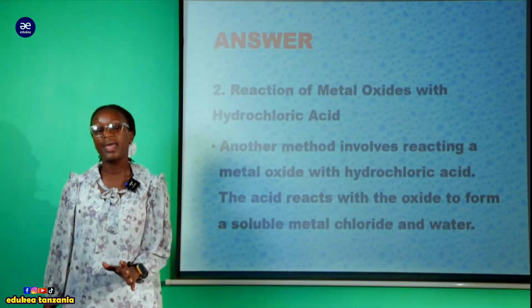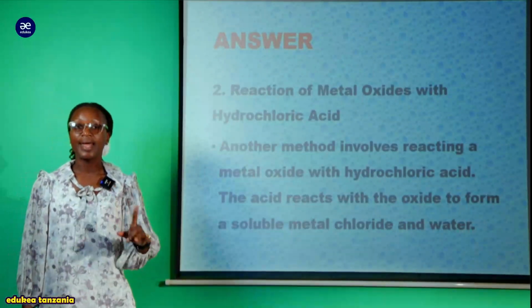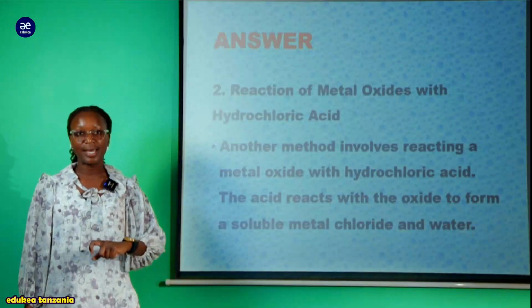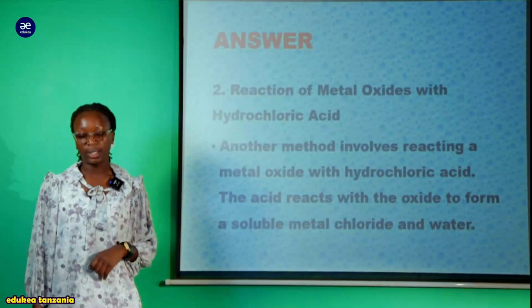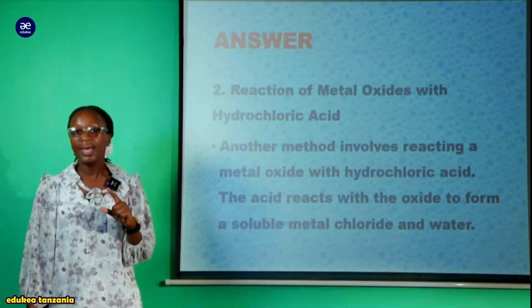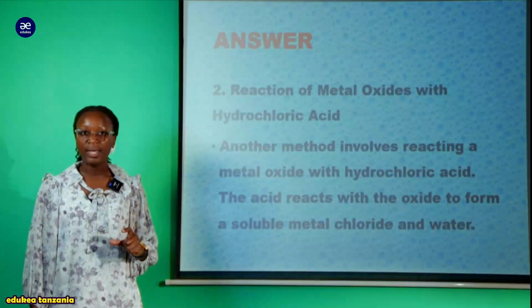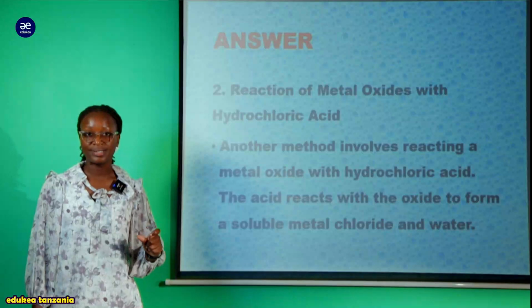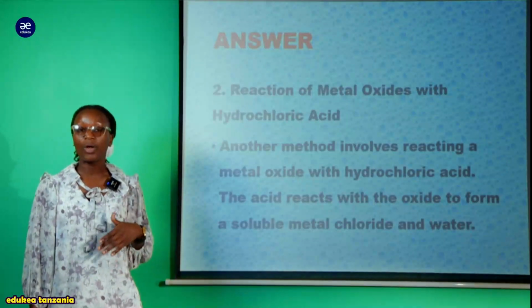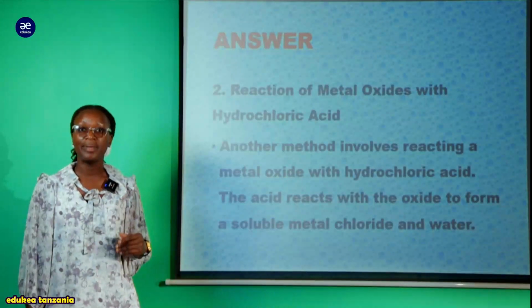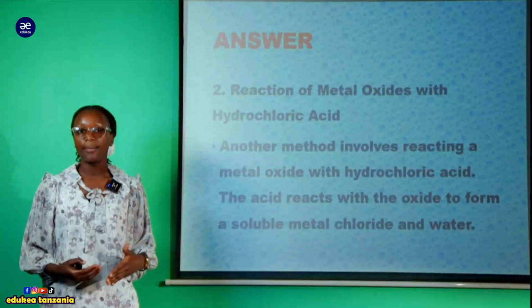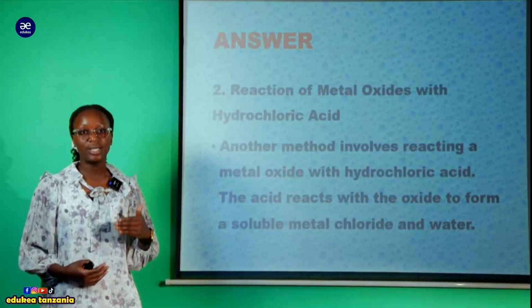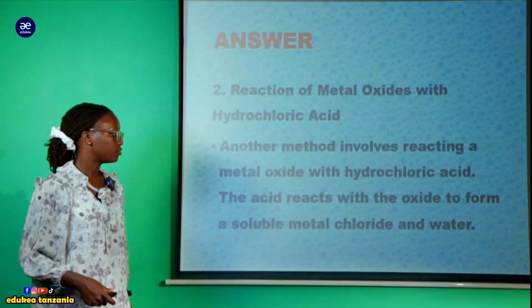So this oxide compound reacts with HCl to give us the metal chloride, but we also form the water molecule. But remember our main task is to prepare what? The metal chloride. So if there is a possibility of getting the chloride, it means this is a method which can be employed to prepare this metal chloride in the laboratory.